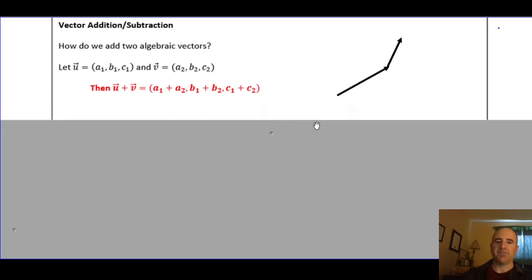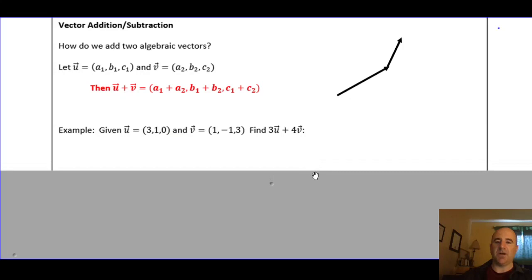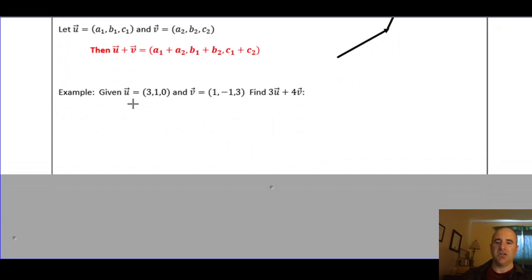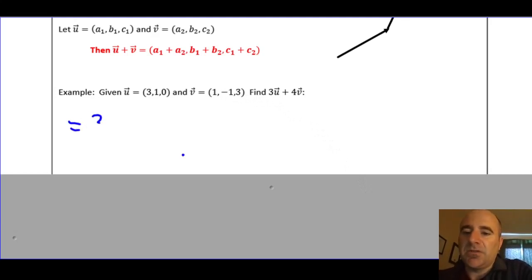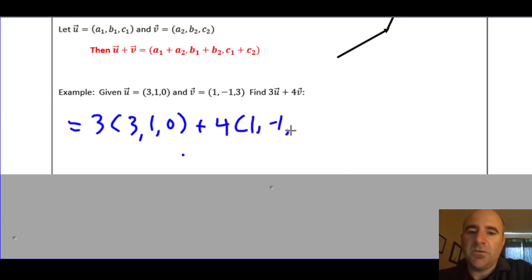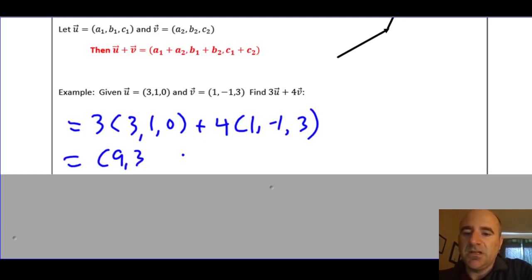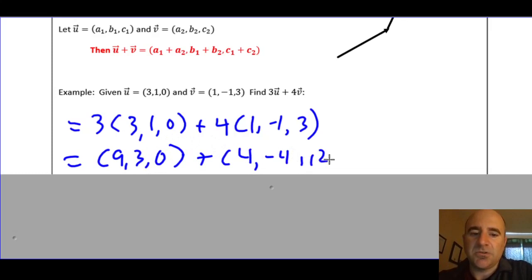Pretty straightforward. We can then combine what we learned about addition, subtraction, and scalar multiplication to answer something like this. Suppose u is the vector (3, 1, 0) and v is (1, -1, 3). Find 3u + 4v. Well, that's 3 times (3, 1, 0) plus 4 times (1, -1, 3), which is equal to (9, 3, 0), triple all those, plus (4, -4, 12).